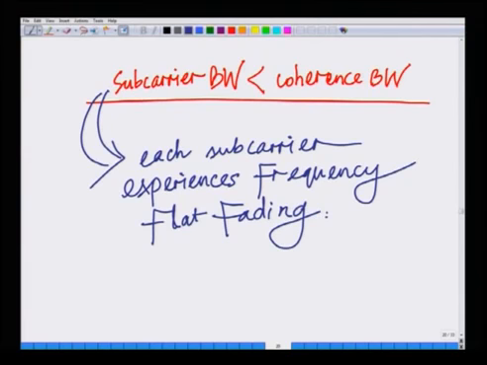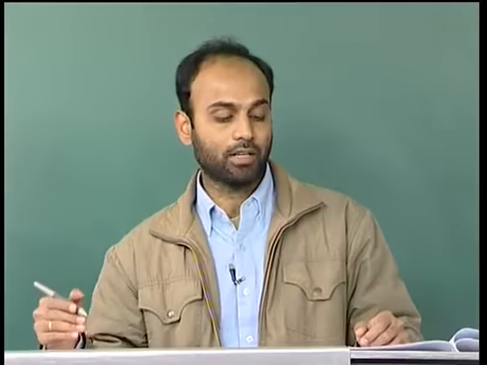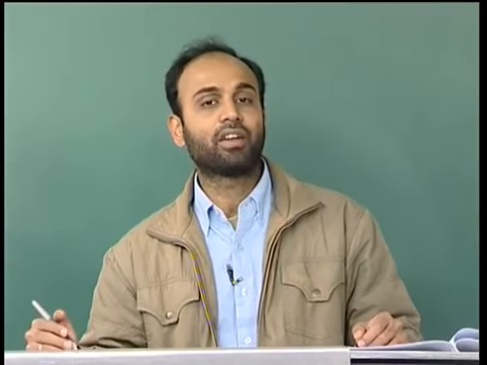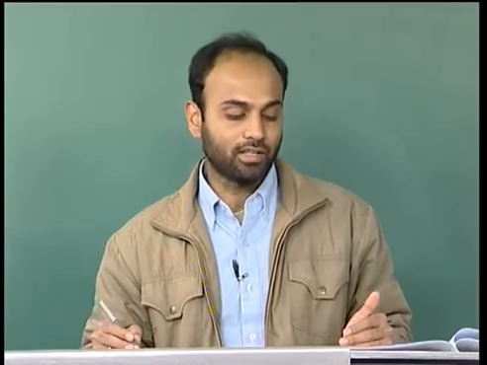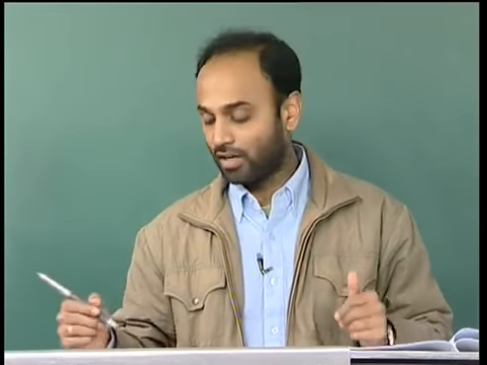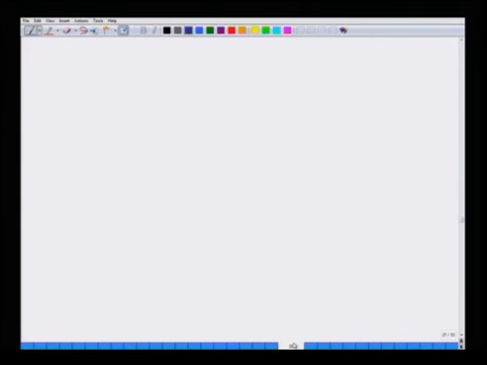So by increasing N as described above, each subcarrier experiences flat fading rather than frequency selective fading. Hence, an appropriately designed OFDM system converts a frequency selective fading channel into a set of parallel flat fading channels across the subcarriers. Let me just note down this final point.